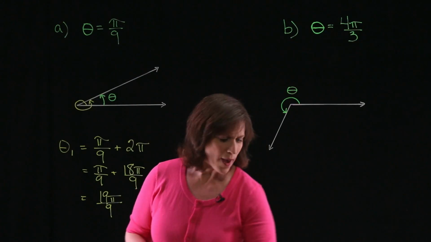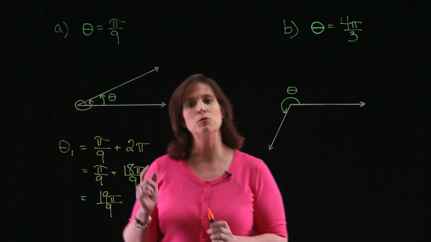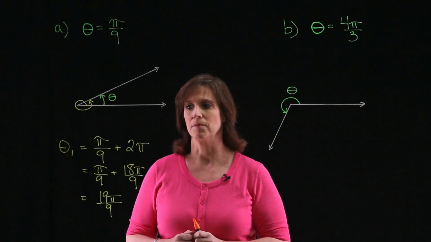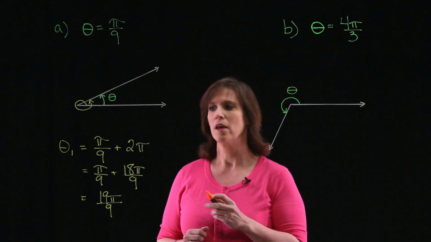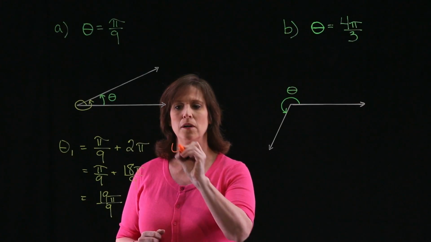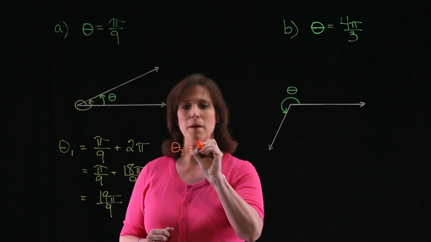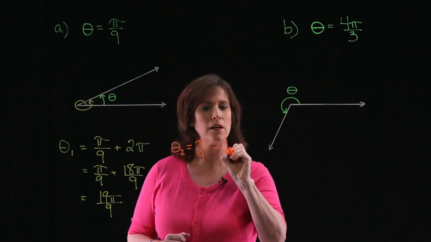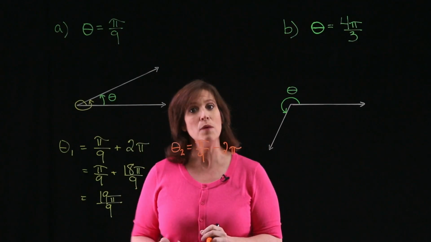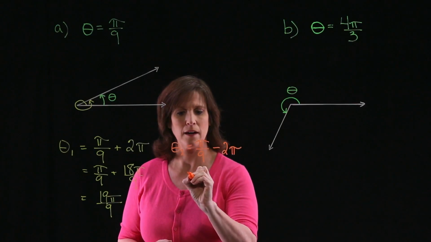Another way of doing this is to subtract a complete revolution. When I subtract a complete revolution, I'll be subtracting 2 pi. So theta 2 will be pi over 9 minus 2 pi. Again, we'll get a common denominator.